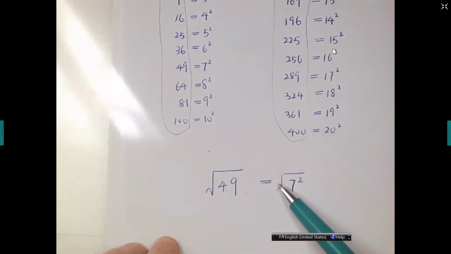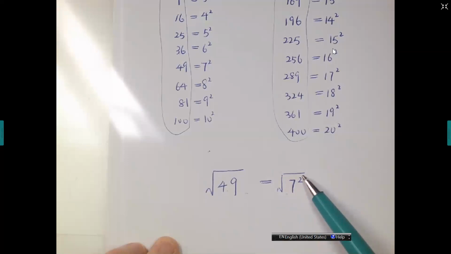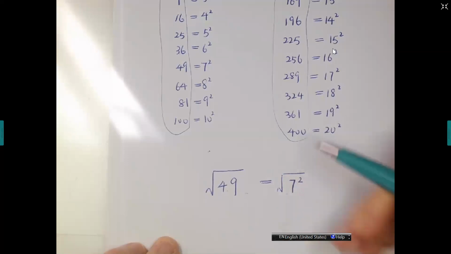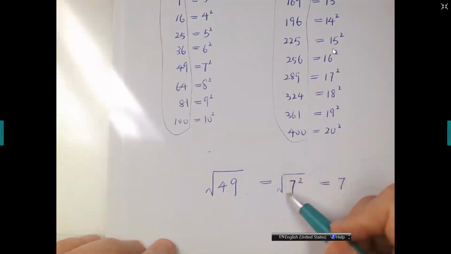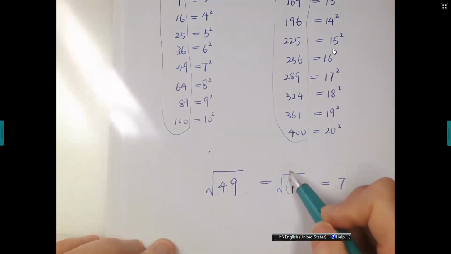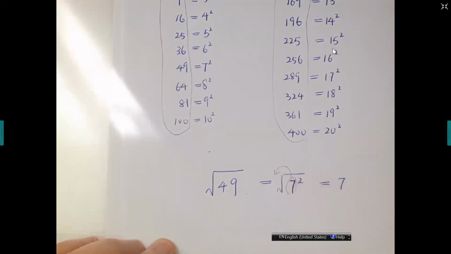Okay, square root of a square. I have told you, square root and the power of square, they are opposite operations. And that means those two cancel each other. I will have only 7 left. Or in other words, when we have a square of a number and the radical symbol, we can move the base out of the radical symbol.